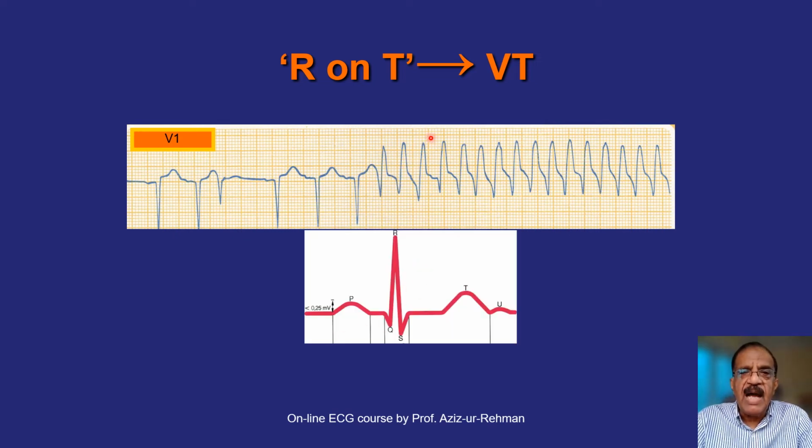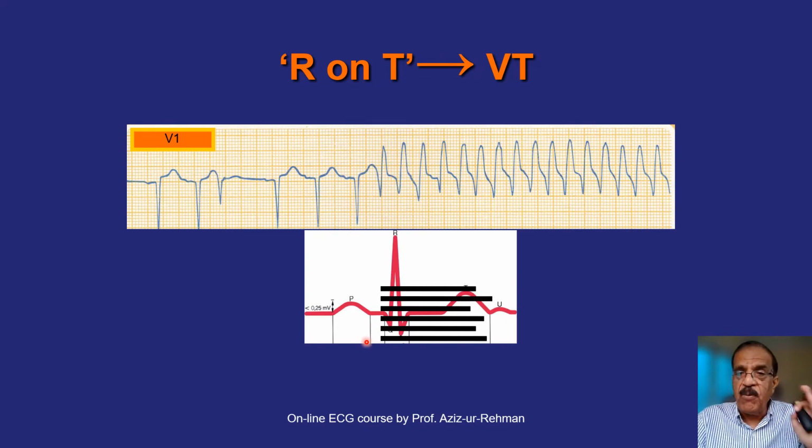So let's enlarge this one, and this is the normal QRS complex. These bars show the entire depolarization and repolarization process, ventricular, not atrial. Initially the process starts simultaneously. All muscle cells in the ventricle start depolarizing simultaneously, but their depolarization does not complete at the same time.